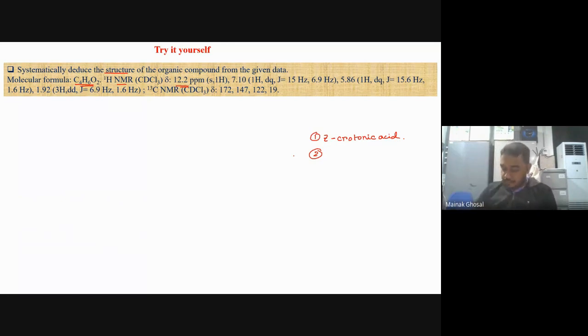Okay. So I'm going to solve this problem. Let's see whether it is crotonic acid or not.